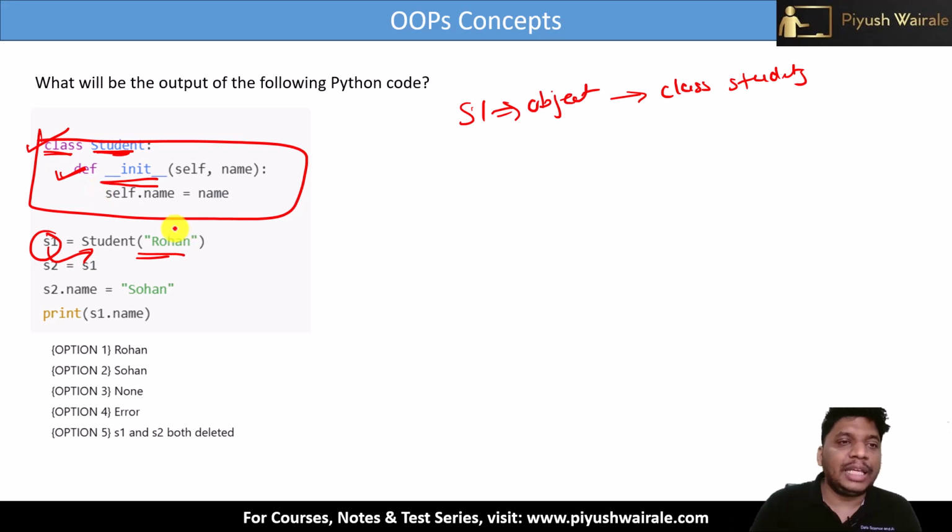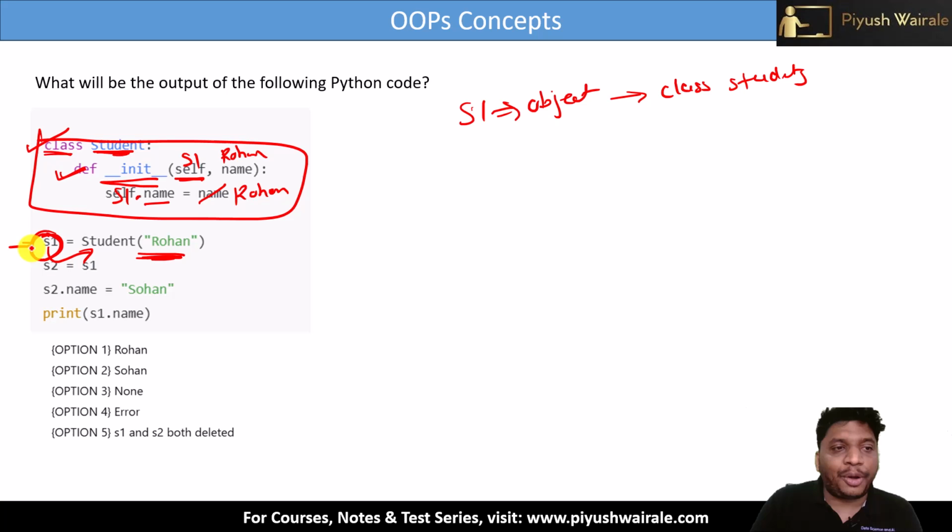Here self is basically the object we have created, that is S1, and the name we have taken as input is Rohan. It means S1.name equals this particular name, that is Rohan.